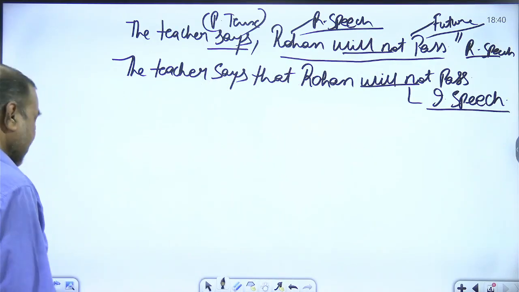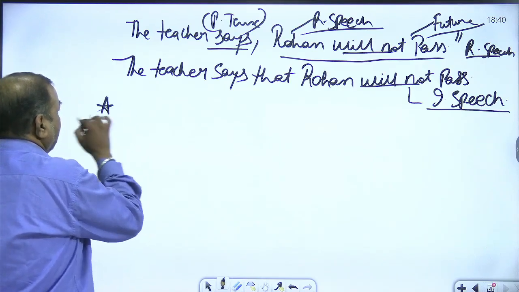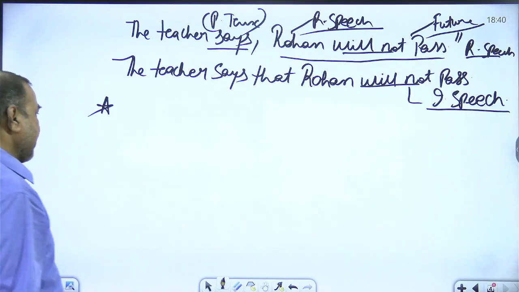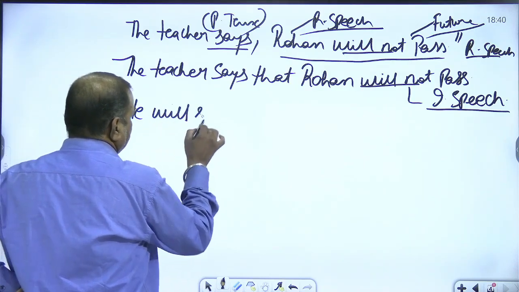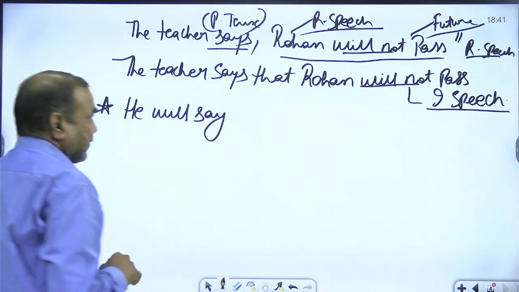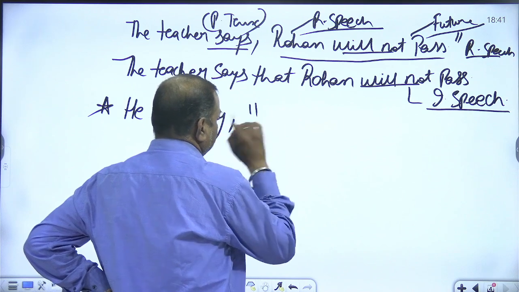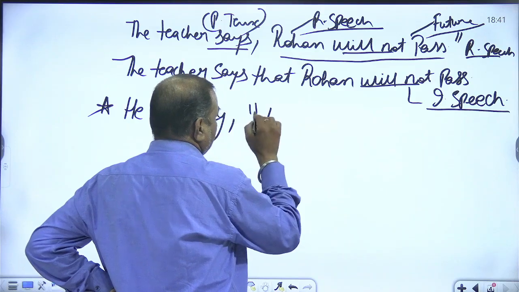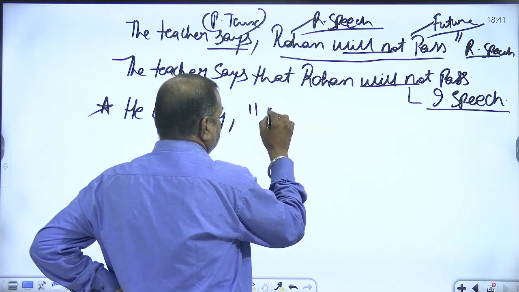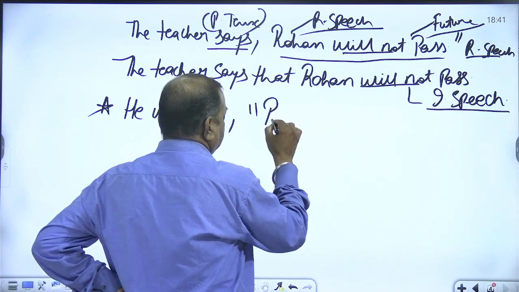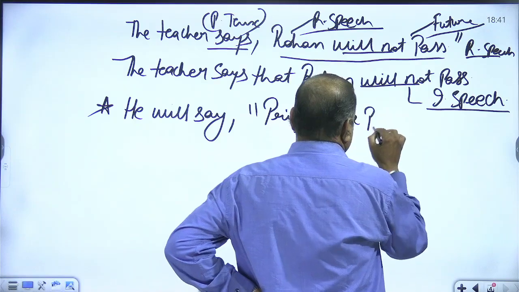Now, one more example. Suppose I write a sentence, he will say, Priya is a pretty girl.